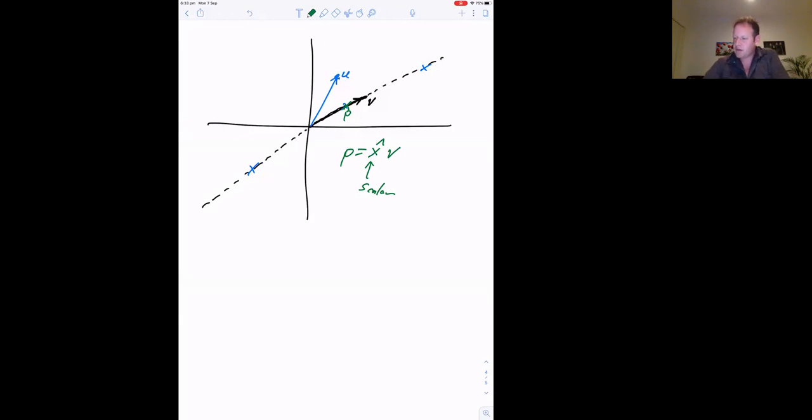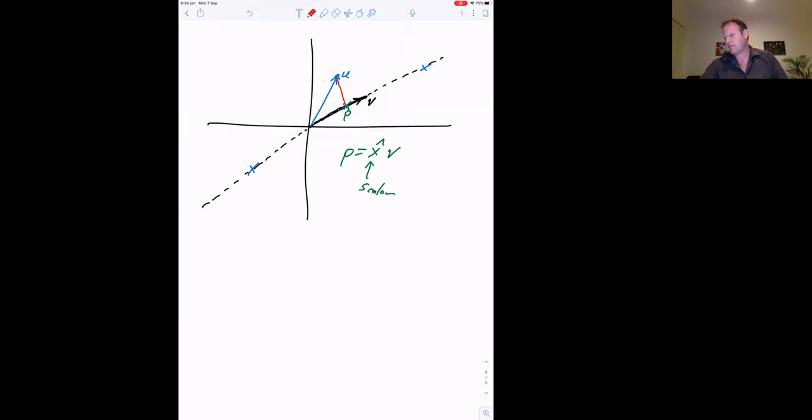But we want to find this P. One way to do this is to look at this thing here, which is the error. Call this the error, because if this error was a zero vector, then u would actually be in the span of v.